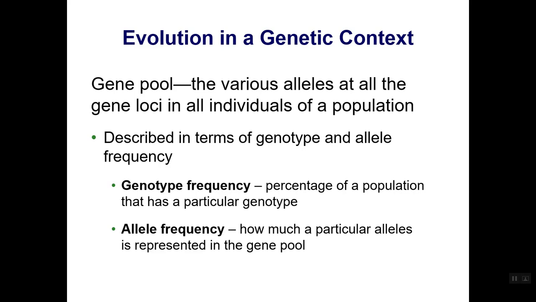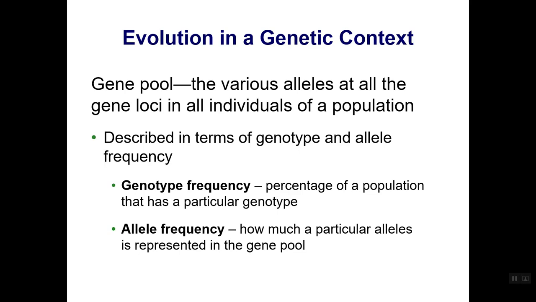Okay, so again, by definition, the gene pool is the various alleles at all the gene loci in all individuals of a population. The data collected from the gene pool is usually described in terms of genotype and allele frequencies.